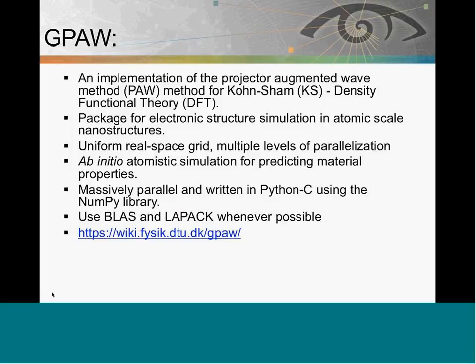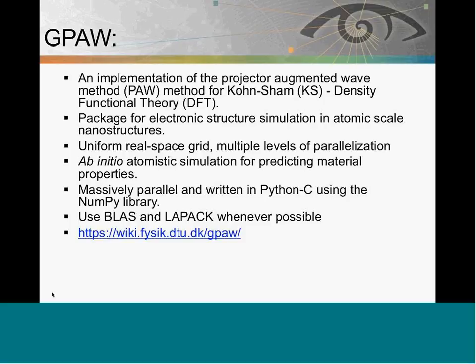Let's talk about some domain-specific packages. GPAW is for electronic structure simulation. It is based on the projector augmented wave method, and this is for grids. That's why it's called GPAW, grid projector augmented wave method. The good thing about this package is it's massively parallel, and it's written in Python and C using the NumPy library.